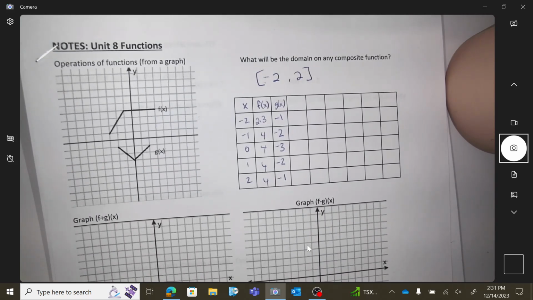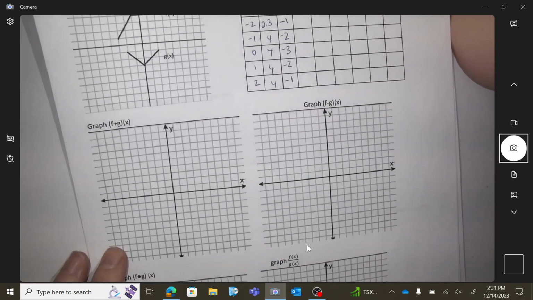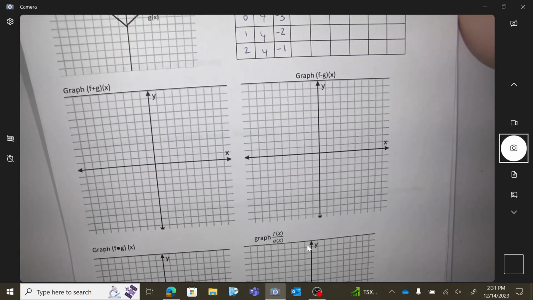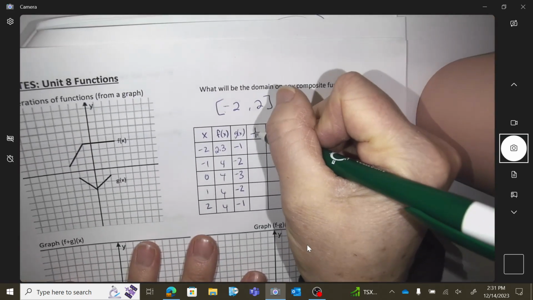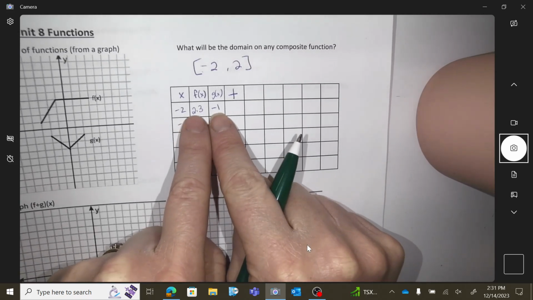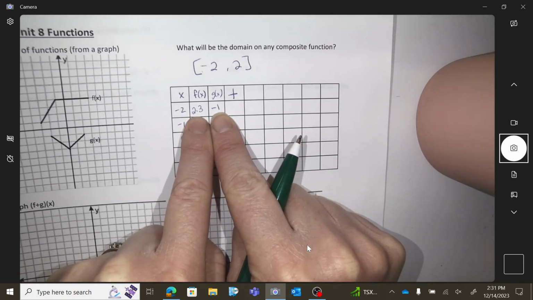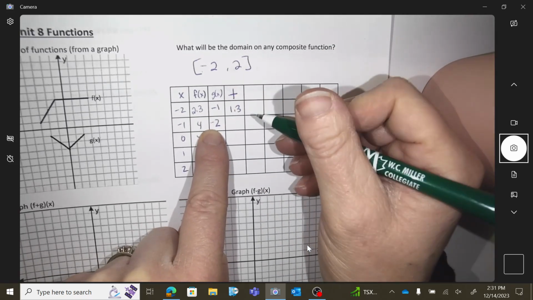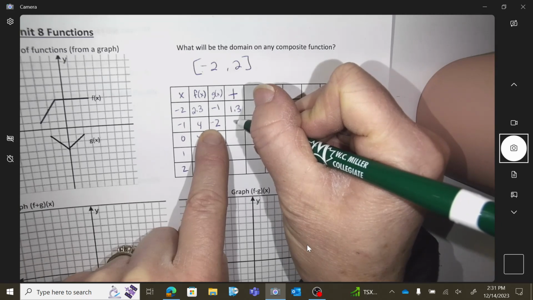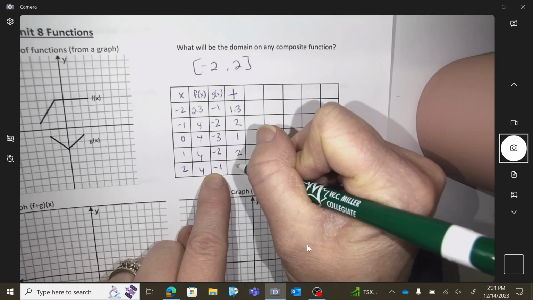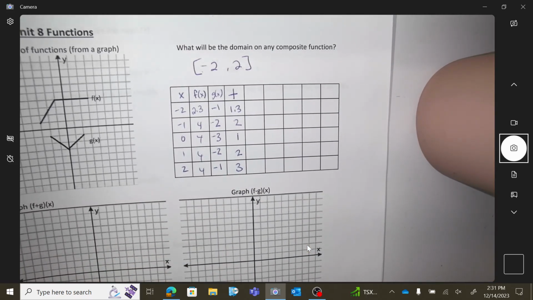Okay, so here's what's happening. The first question says I would like to add the functions together. So what am I going to do? I'm going to add the y values together. Okay? 1.3. Add 2, 1, 2, 3. And I'm going to graph. So what am I graphing?